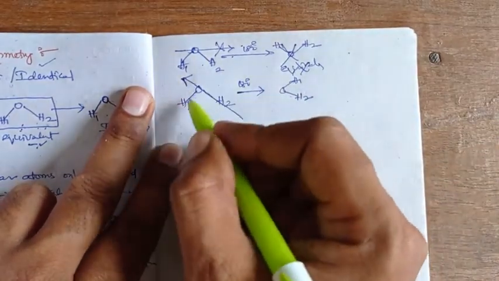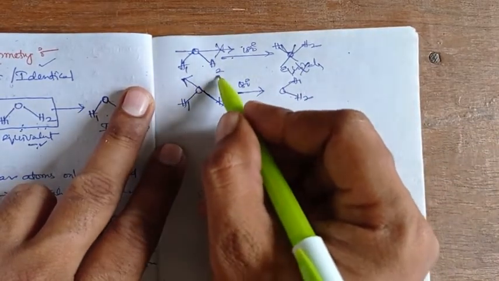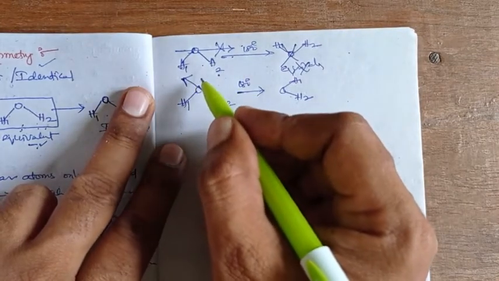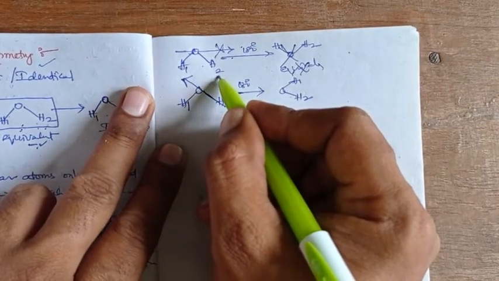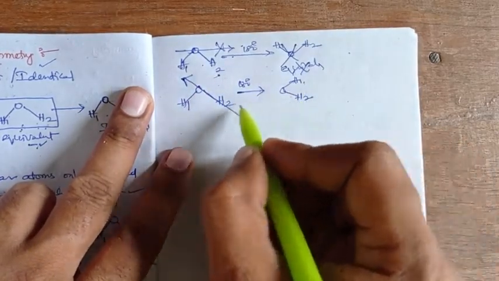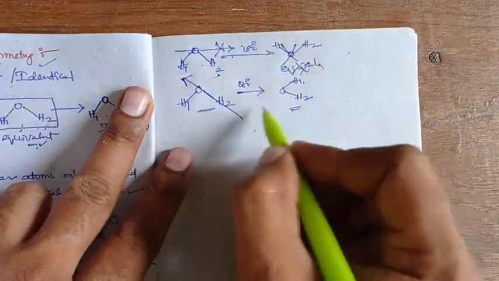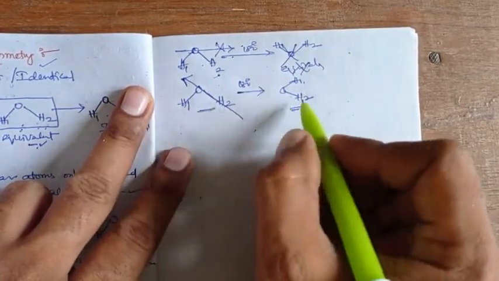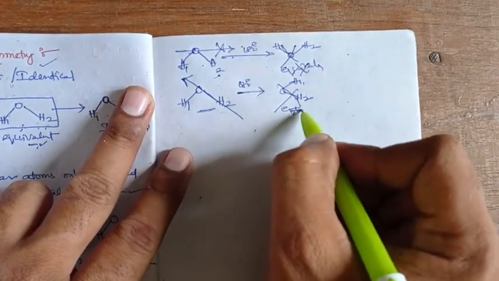After 180 degrees of rotation it completely shifts to here, isn't it? Here to here is 90 degrees, and when it reaches this position, it completes 180 degrees. So when we observe these two structures, are they the same? No, they are not similar or the same. So this could not be an equivalent configuration.